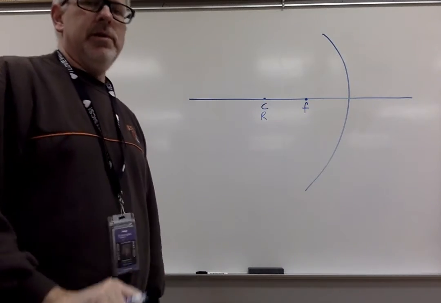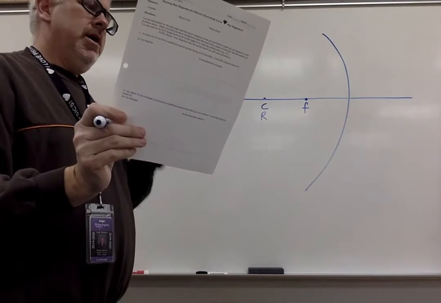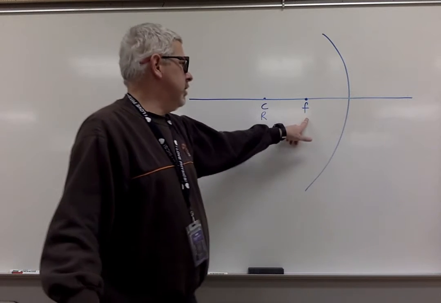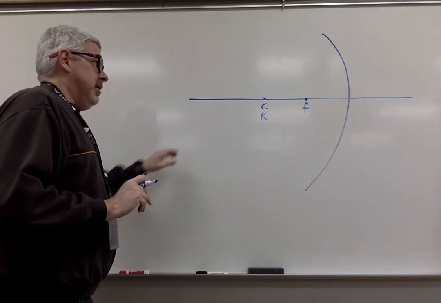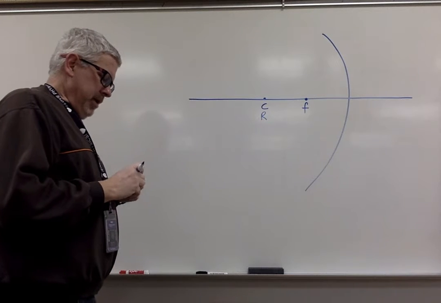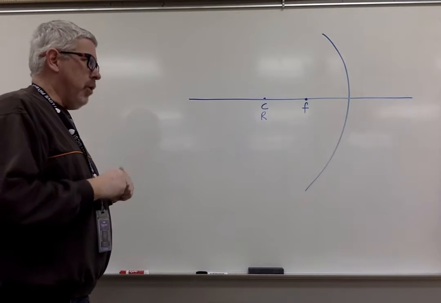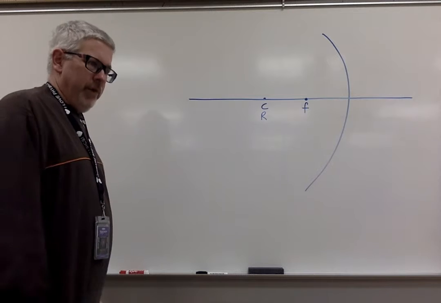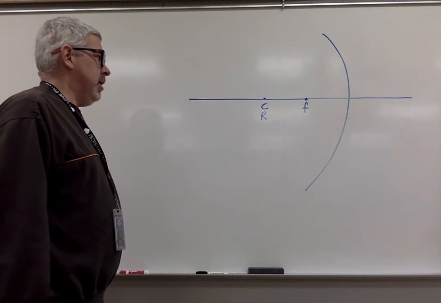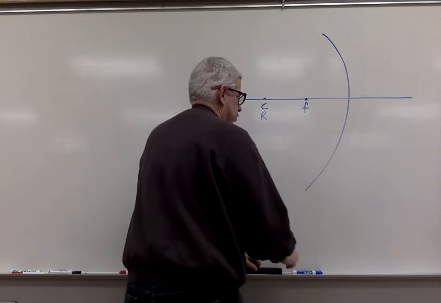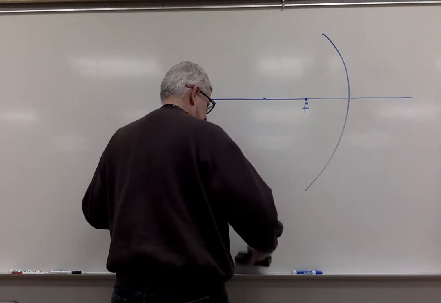So if on the sheet you're told that you have a radius of, say, 10 centimeters, that means your focal length is 5 centimeters. Now, it's important for you to understand that images don't always form at the focal point. In fact, they very rarely form close to the focal point. But we can use the focal point to help us draw some things. So I'm going to just call this R here.